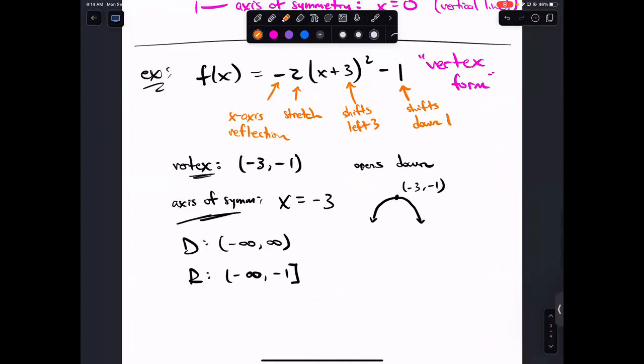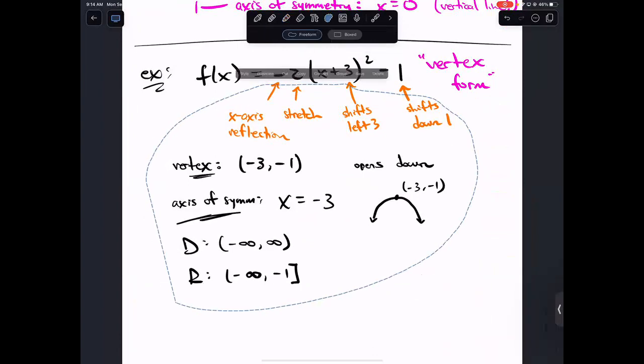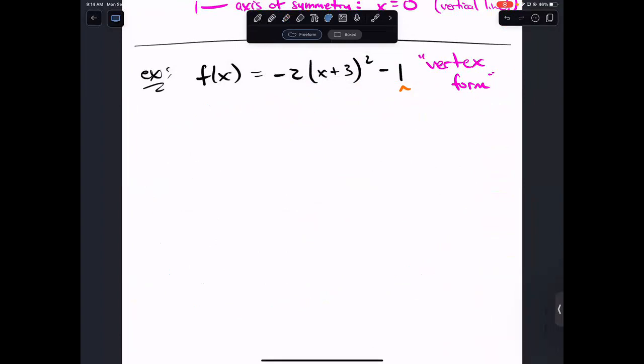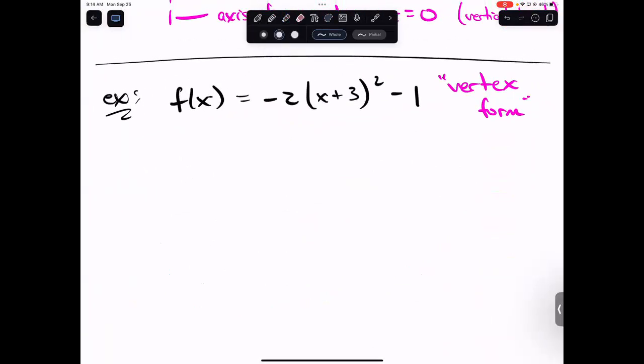The way you get from one to the other: if I have the vertex form and I want the standard form, all I need to do is start expanding things and simplify everything down.